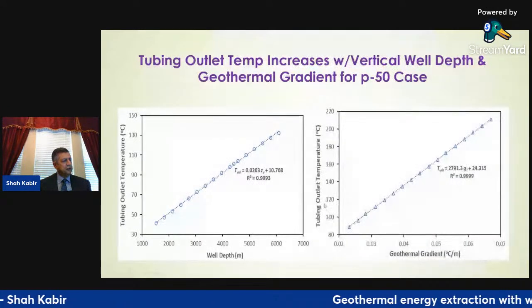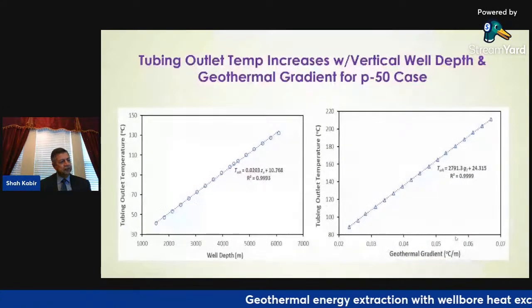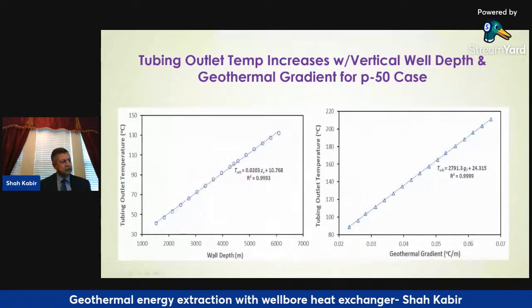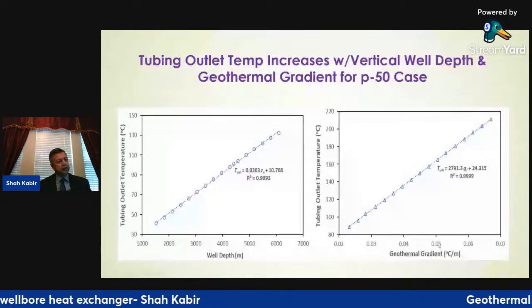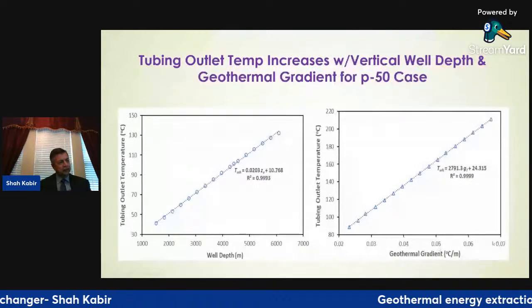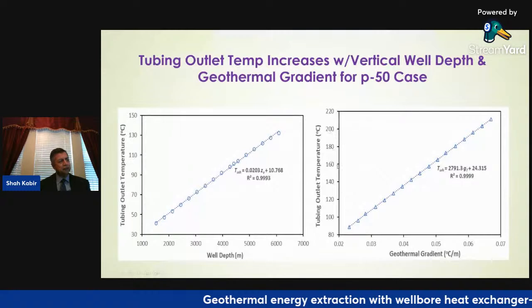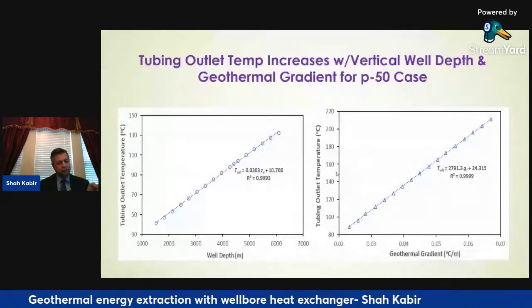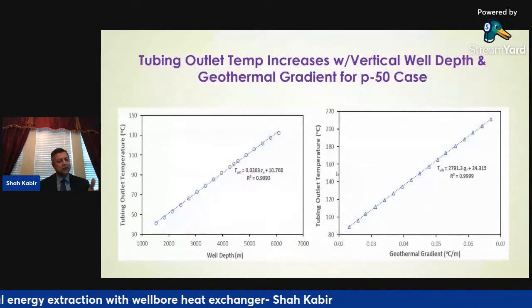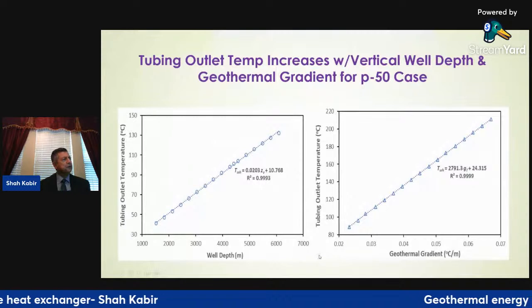And that's the tubing outlet as a function of geothermal gradient. So the big lesson learned is both well depth and the geothermal gradient are the key. If we have high enough geothermal gradient, then we can get very high temperature fluid, and we can generate steam, and therefore power, and put it on the grid.